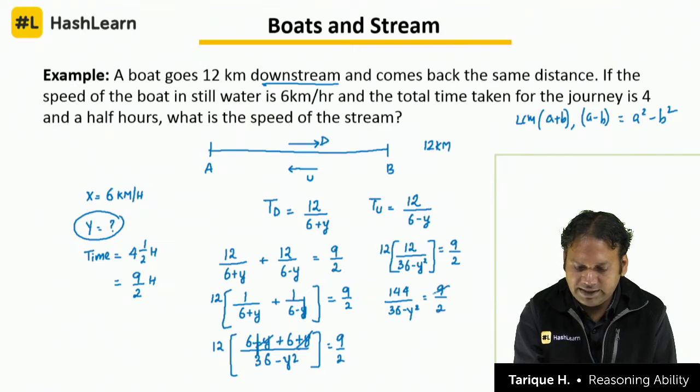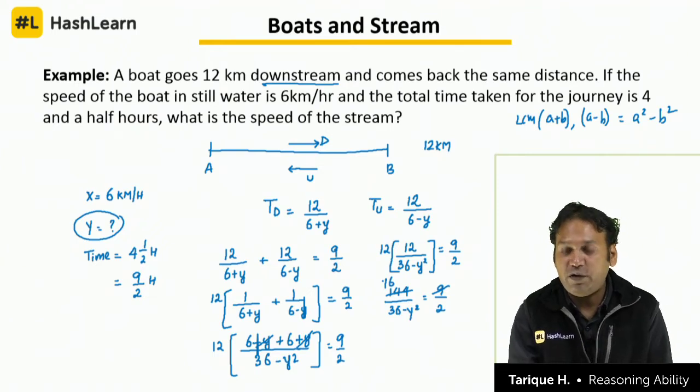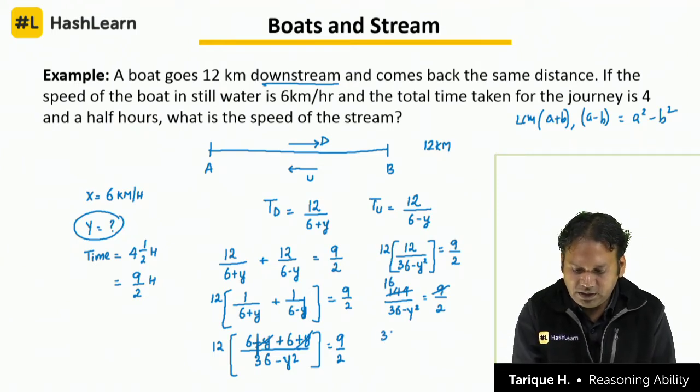So, 9 will cancel 144 how many times? 9 will cancel it 16 times, because 16 into 9 is 144. Cross multiply: 36 minus y square is equal to 32, y square equal to 4 or y equal to 2.